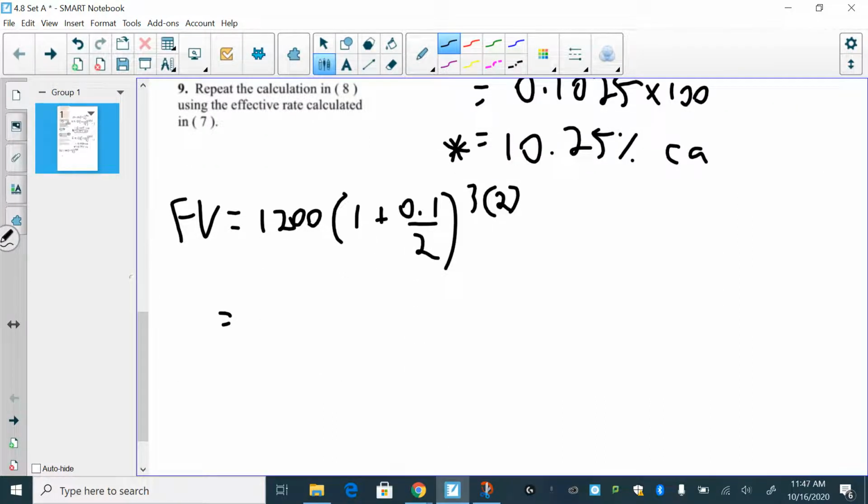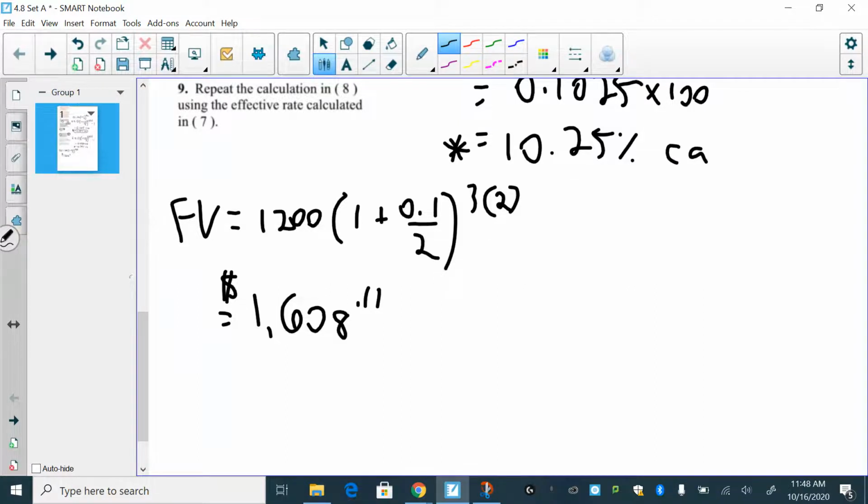So 0.1 divided by 2 plus 1, all to the exponent of 6 times 1,200 equals, okay, I got $1,608.11.